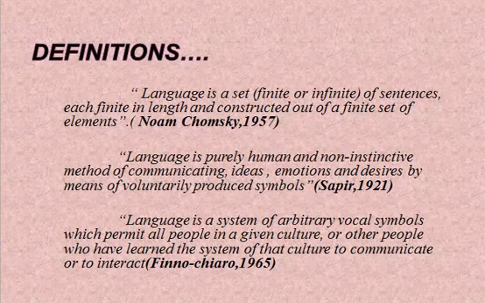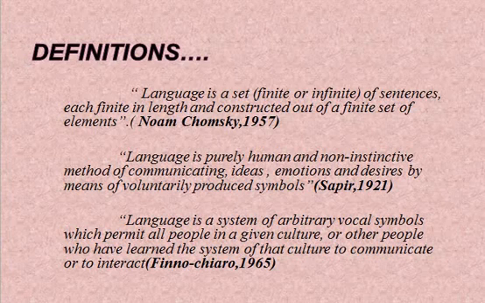Here are more definitions. One definition was described by Noam Chomsky in 1957. Language is the set of finite or infinite sentences, each finite in length and constructed out of a finite set of elements.